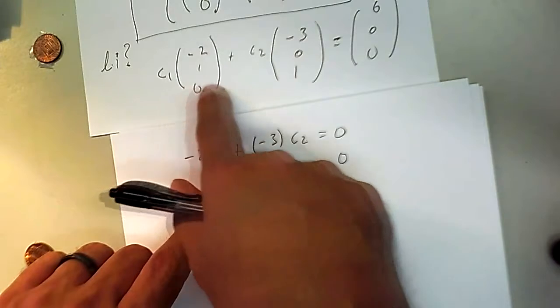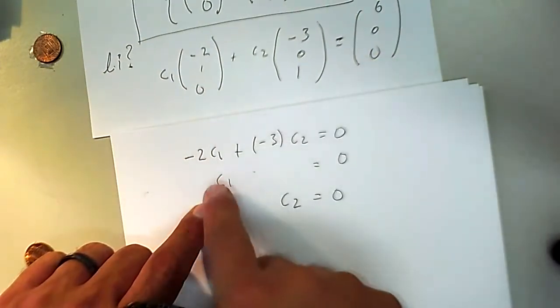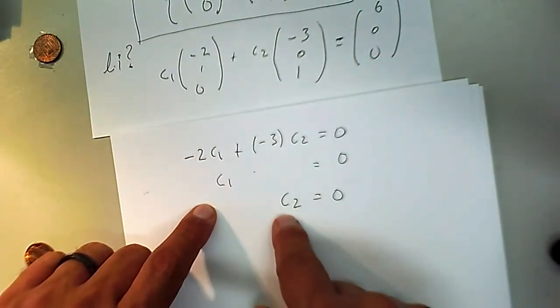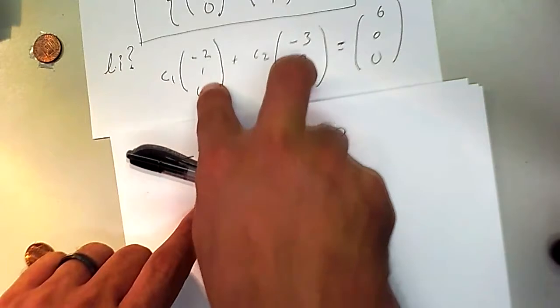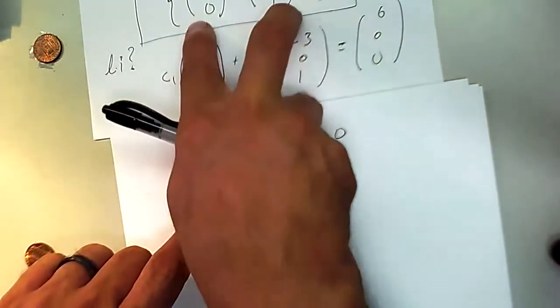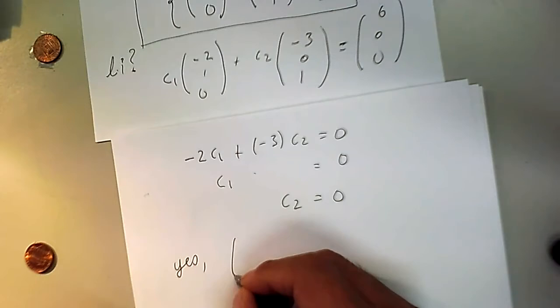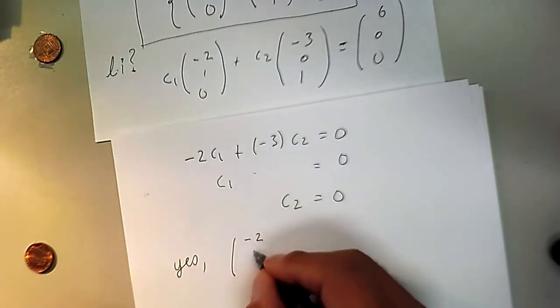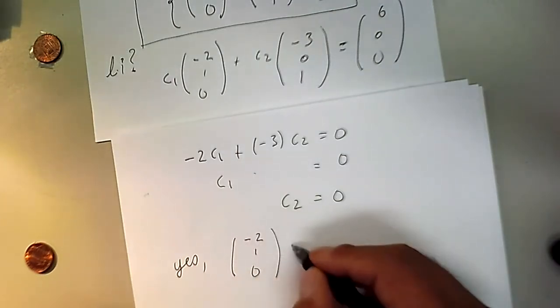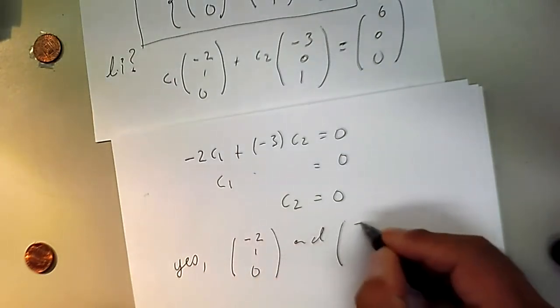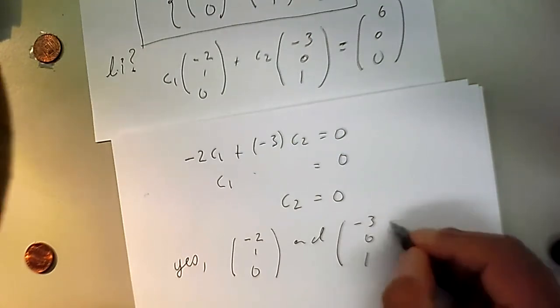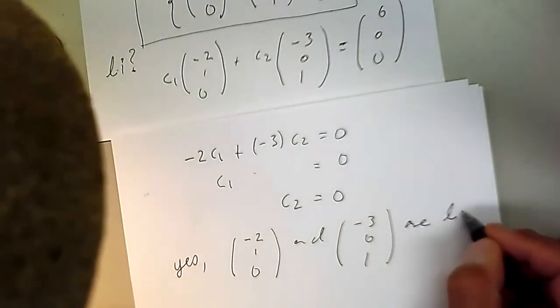Because this setup forces C1 and C2 to be 0, the two vectors involved are linearly independent. So yes, negative 2, 1, 0, and negative 3, 0, 1 are linearly independent.